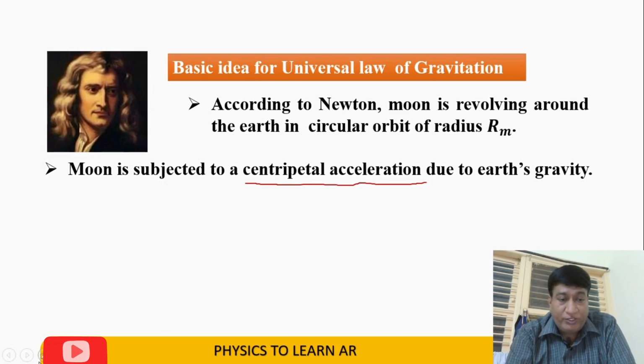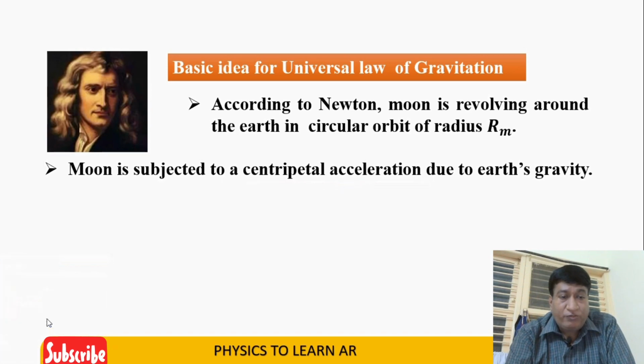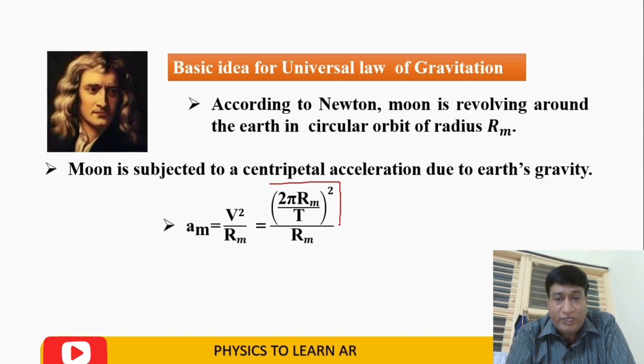While discussing the concept of laws of motion, you proved that the centripetal acceleration a is equal to v square by r. Now the acceleration of the moon we can write as v square by rm, where v is velocity, which is distance by time.